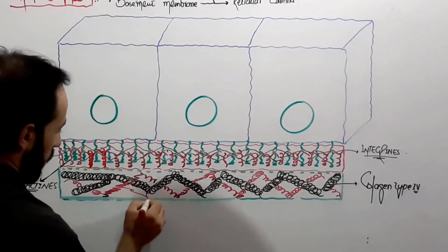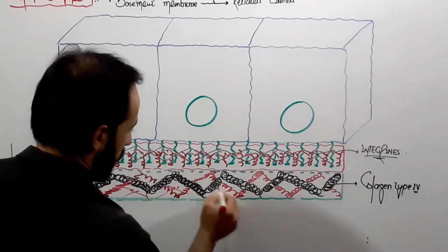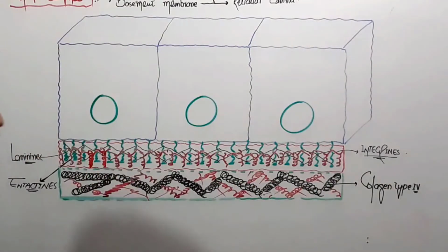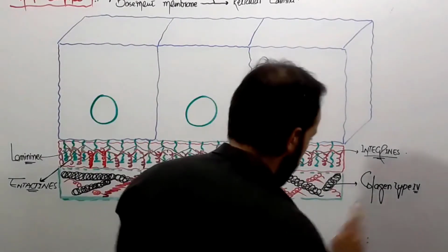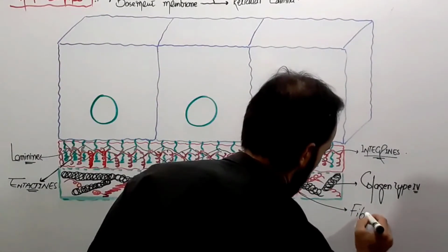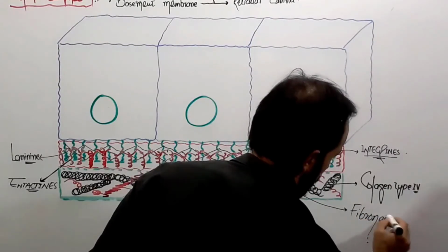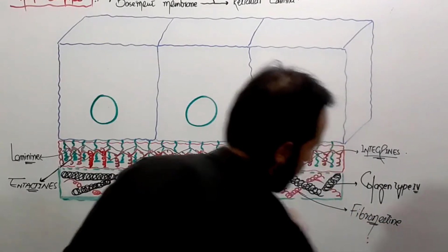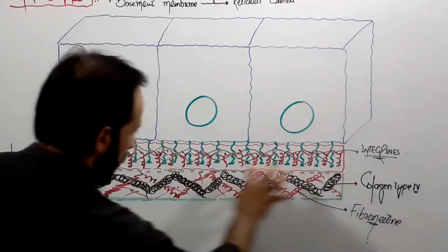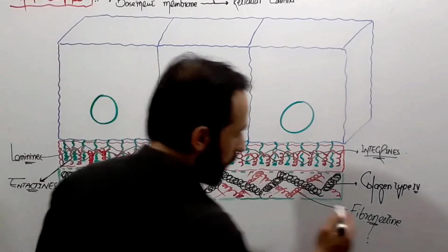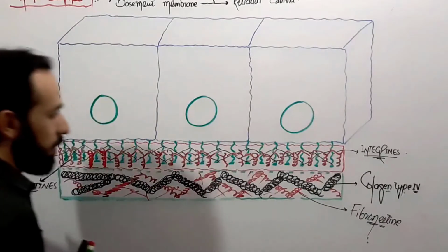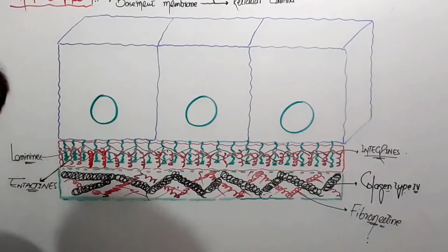So this lamina densa is composed of collagen fibers type 4, then the fibronectin protein. Very much fibronectin is found, and collagen type 4 is present in the lamina densa, right friends?